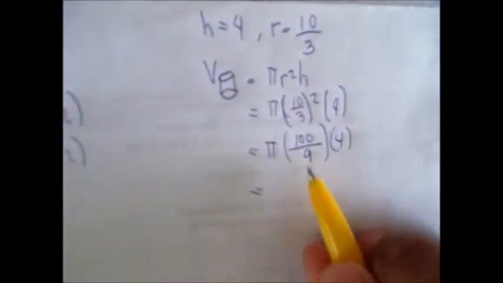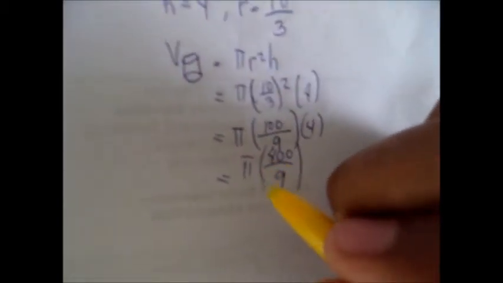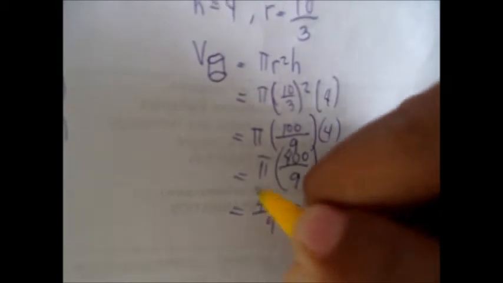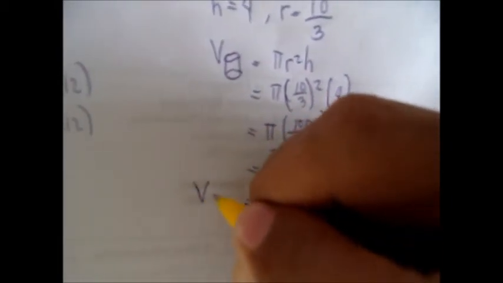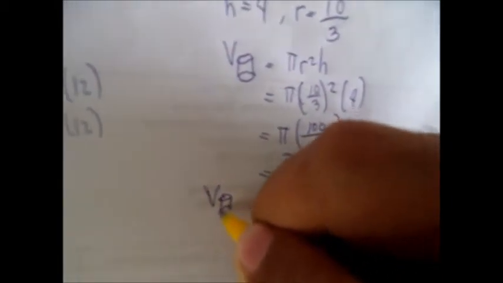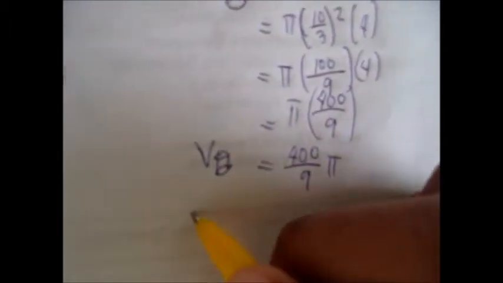So 100 times 4 is 400, and the volume here is 400/9 pi. Therefore the absolute maximum value for V is 400/9 pi.